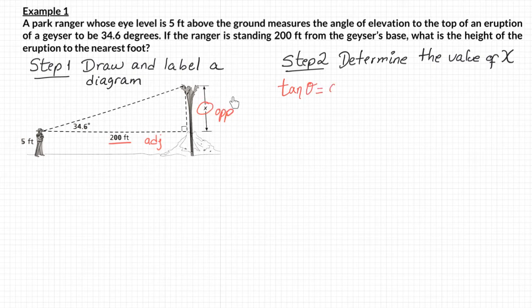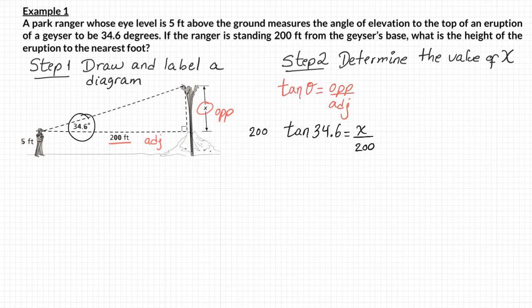So to get my x, we're going to use tangent of theta equals opposite side over adjacent side. Then for theta we substitute 34.6. That's my angle. And then the opposite is x over 200. I have to solve for x.